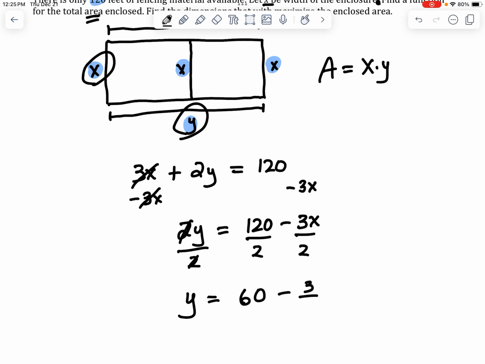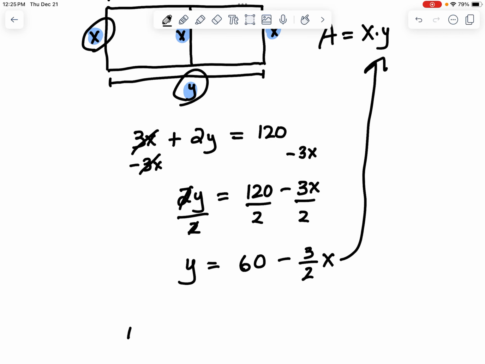And then 3 divided by 2 can't be reduced, so just leave it like that. And then, like I said, we're going to take that and plug it in for that y right there. So then the formula for the area is x times y, but then replace y with 60 minus 3 over 2x.